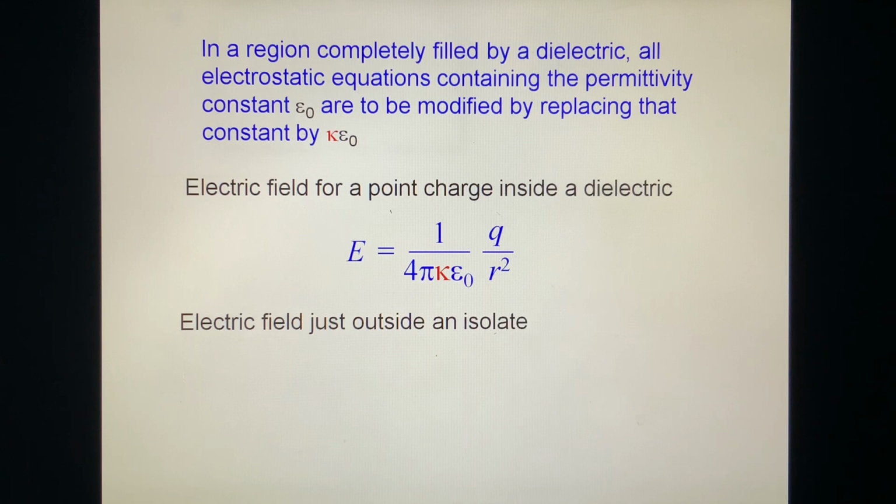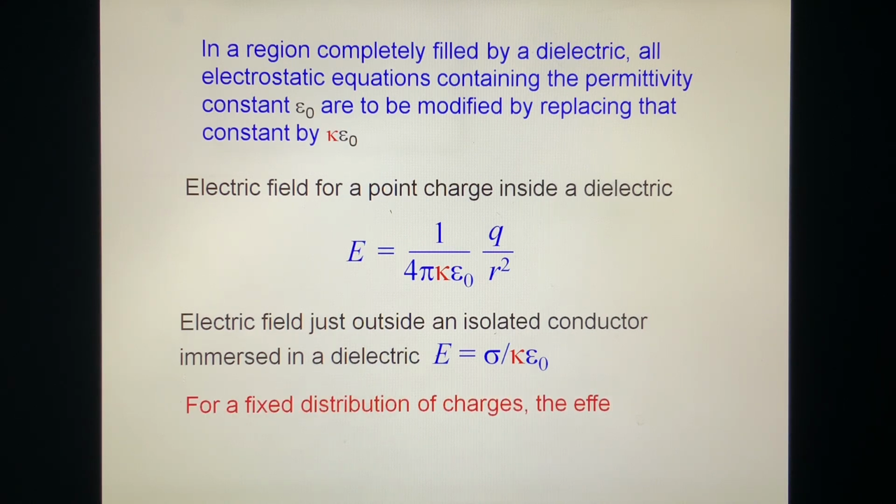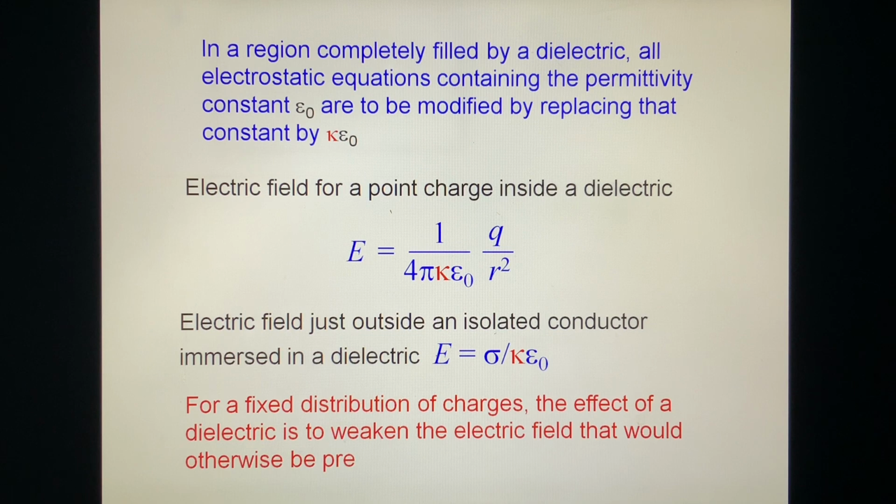Electric field just outside an isolated conductor immersed in a dielectric: E equals sigma over kappa epsilon 0. For a fixed distribution of charges, the effect of a dielectric is to weaken the electric field that would otherwise be present.